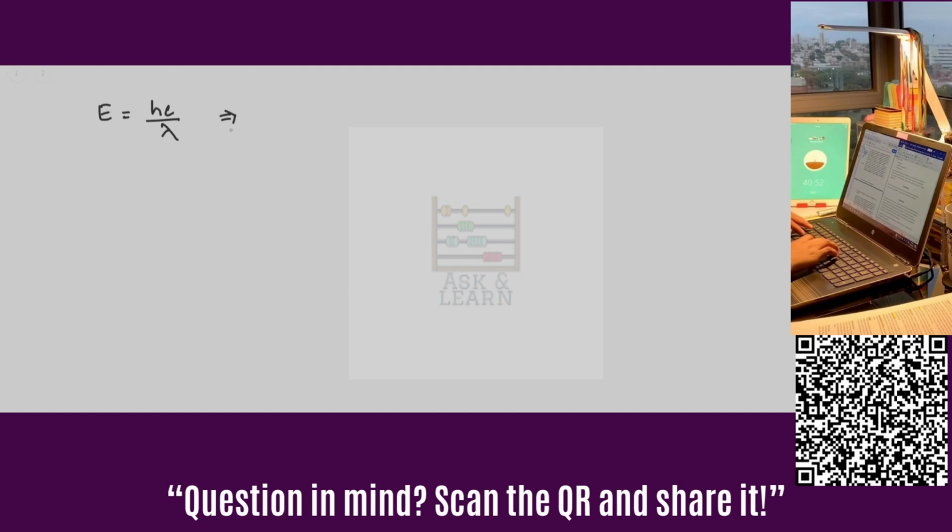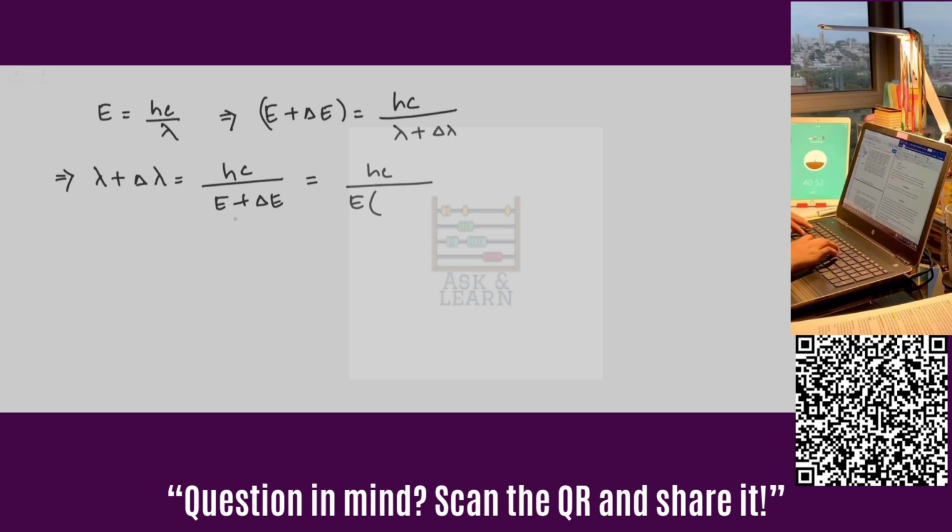That means E plus delta E is equal to hc over lambda plus delta lambda. This implies lambda plus delta lambda will be equal to hc over E plus delta E.